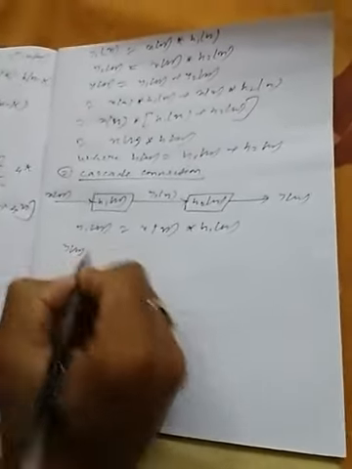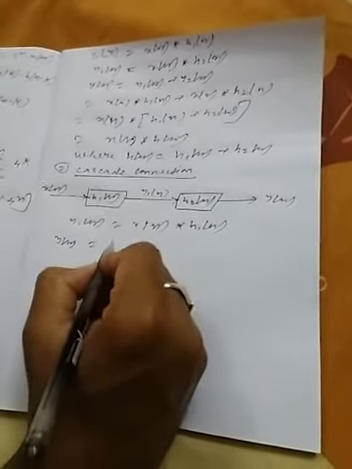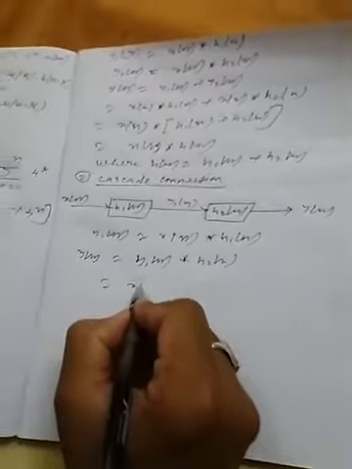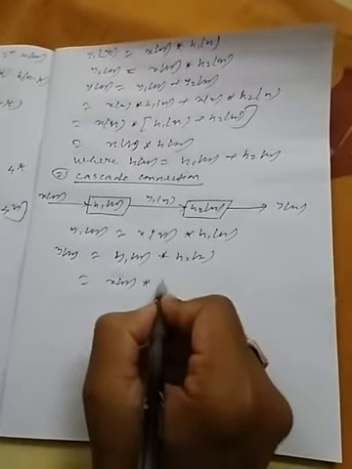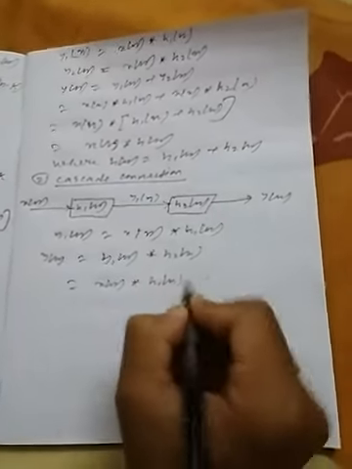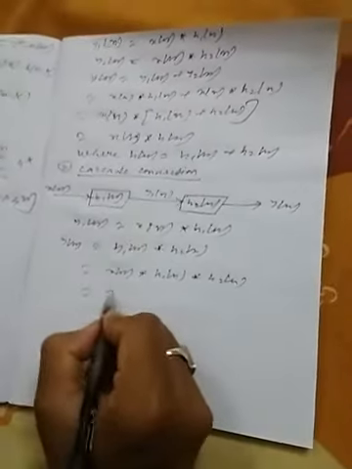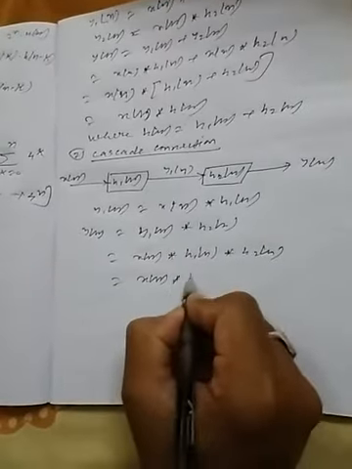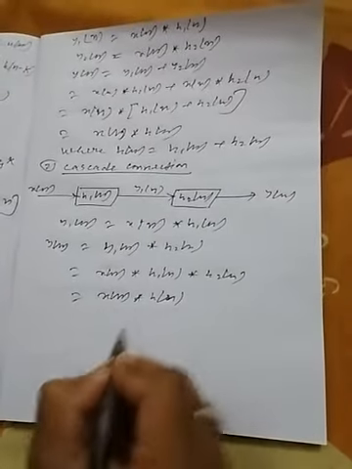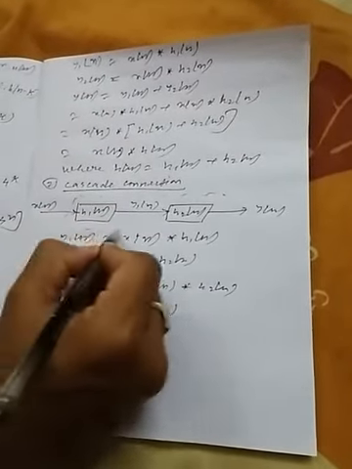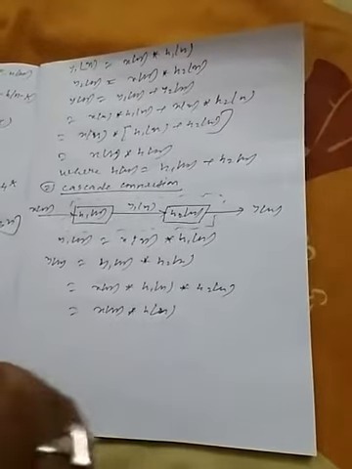So yn is equal to y1n convolution h2n, right? Now y1n is equal to this, so xn convolution h1n convolution h2n, okay? So xn convolution hn, this is the overall impulse response of this block, right?